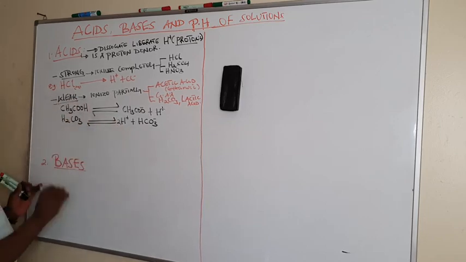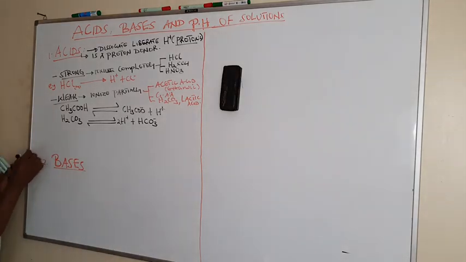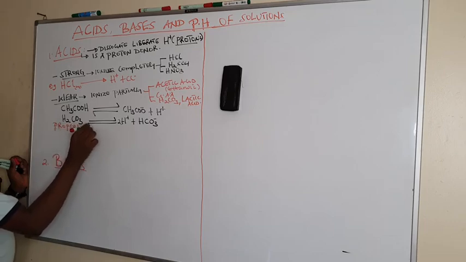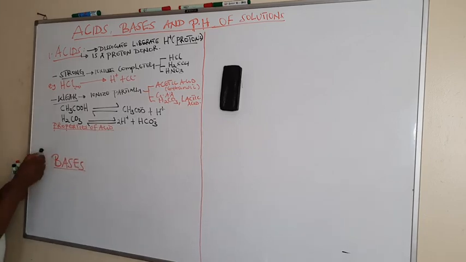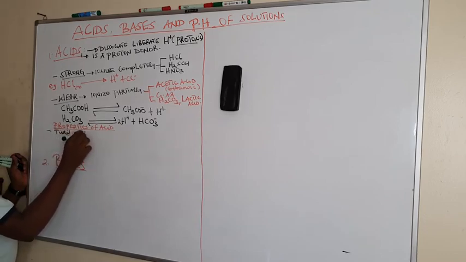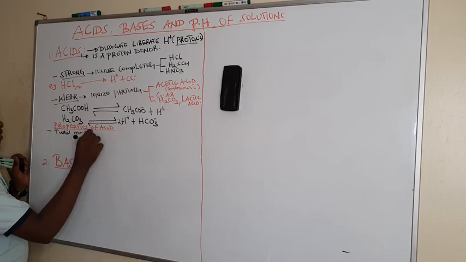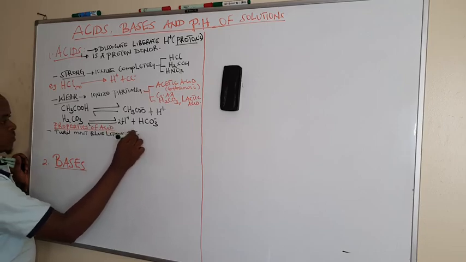After looking at examples of strong acids and weak acids, now we need to know about the properties of acids. Among the properties of acids, acids turn moist blue litmus paper red.